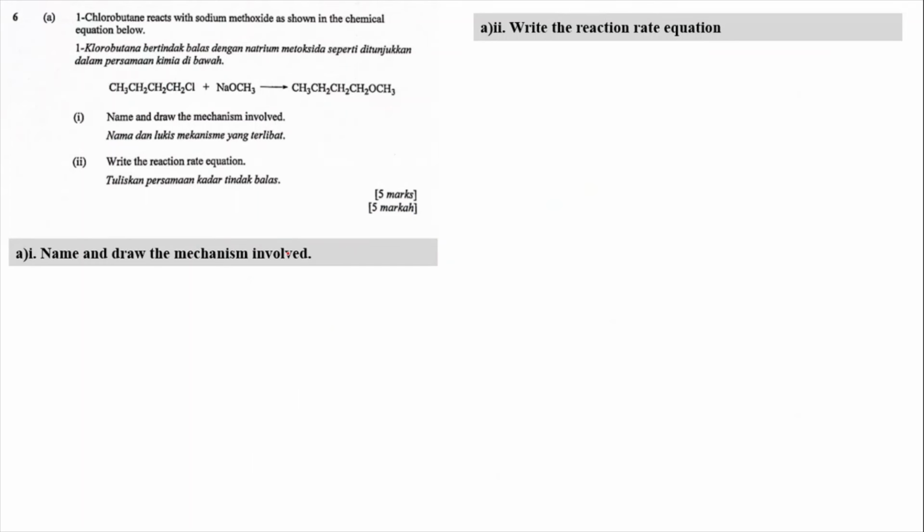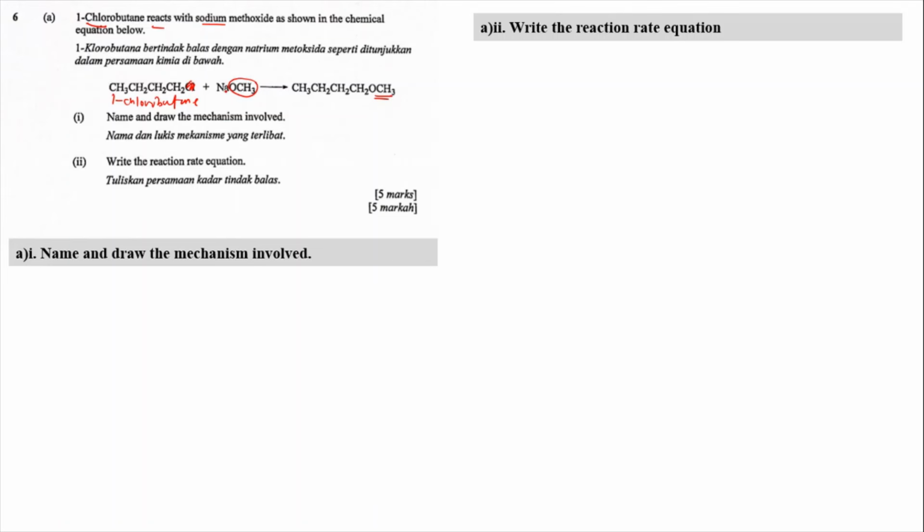Okay, now for question 6, we have 1-chlorobutane which reacts with the sodium hydroxide as shown in the chemical equation below. So we have the 1-chlorobutane here, and then it's going to react with the sodium hydroxide, and this is going to produce the Cl going to be substituted with OCH3, which is inserted here.